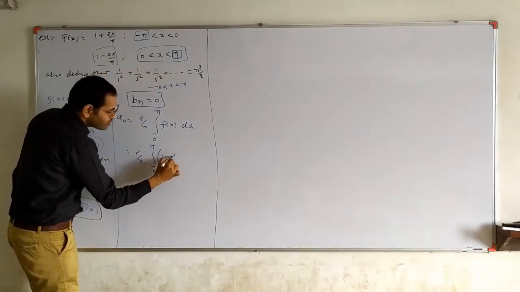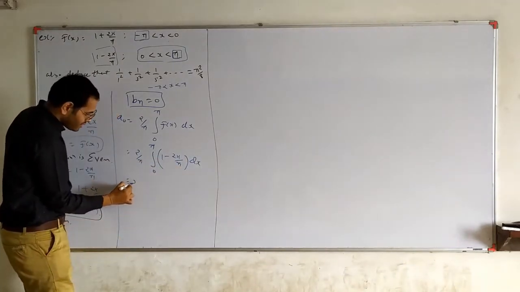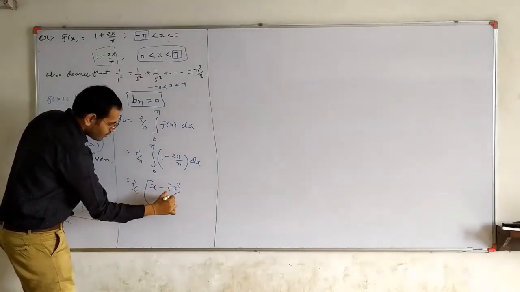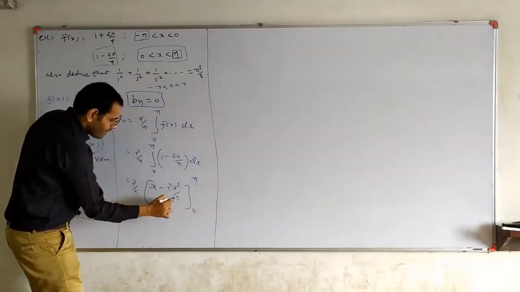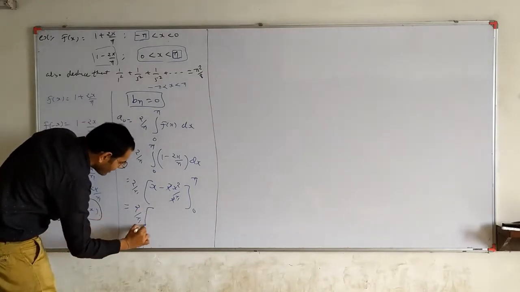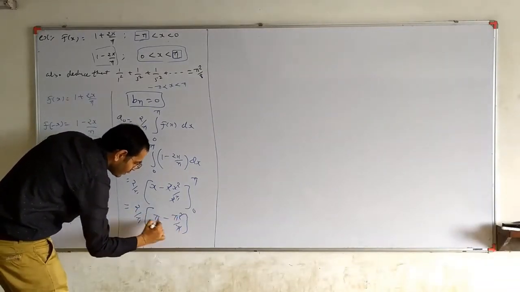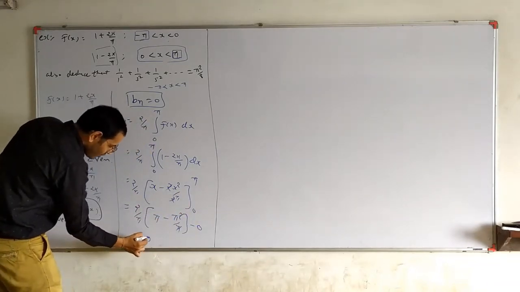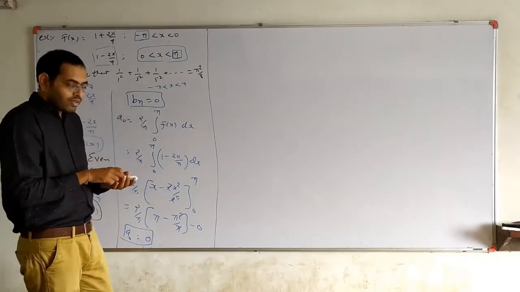Substitute the values of 1 minus 2x by pi dx and integrate this term. The integral of 1 is x, here 2x square by 2, 0 to pi, the 2 cancels out, here pi square by pi, the pi cancels out. Upper limit minus lower limit: pi minus pi, 0. Then we get the value of a0, that is 0.